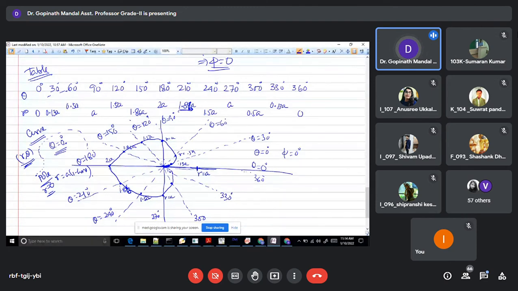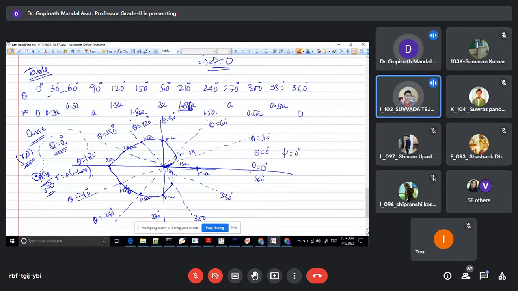At the pole, r will be equal to 0. That is the origin, and the curve starts from here. At whichever theta r equals 0, that is called the pole.